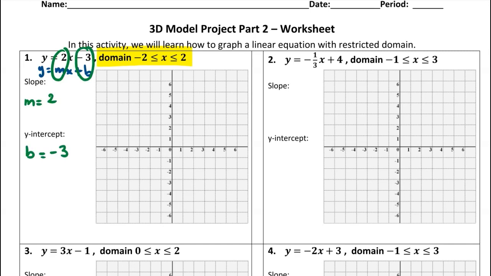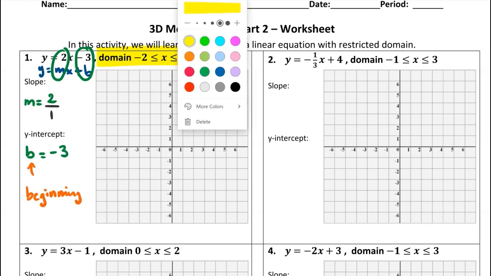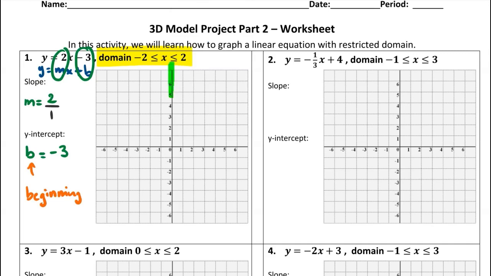Slope needs to be a fraction, so that's 2 over 1. 2 divided by 1 is still 2. B is the beginning, so we're going to begin at -3 on the y-axis. Again, b is the y-intercept, so it's always on the y-axis, at -3.